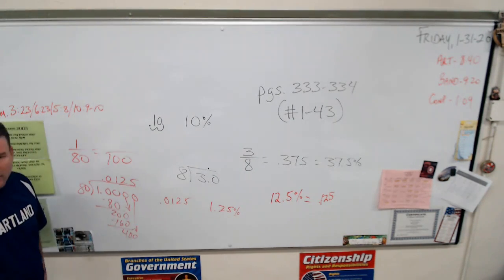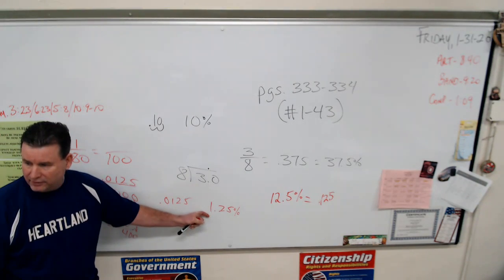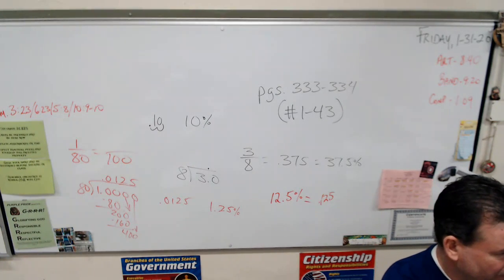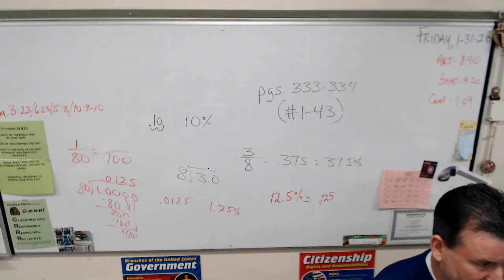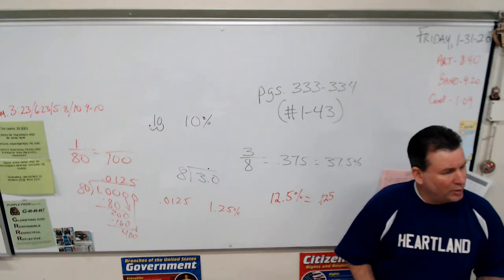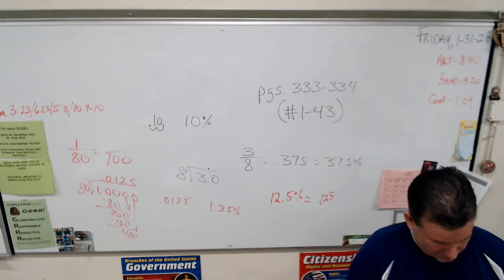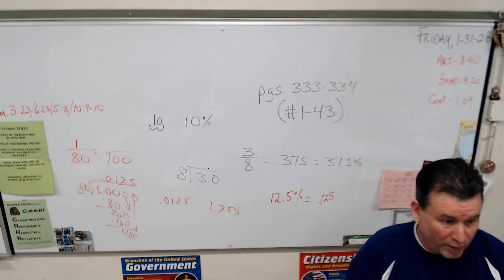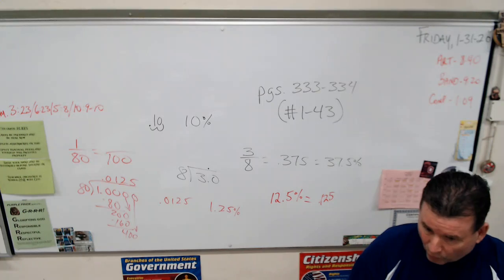1.25%. Now wait, Spencer's going to use his math sense here. He thinks he got it right. He thinks to himself, 1 out of 100 is 1%. 1 out of 80 has got to be more than 1%. You with me on this? So he's confident that that's the right answer, because 1 out of 80 should be a little more than 1%. And Seth thinks, yeah, because 1 out of 100 is 1%, and 1 out of 50 is 2%. So 1 out of 80 should be between 1 and 2%.